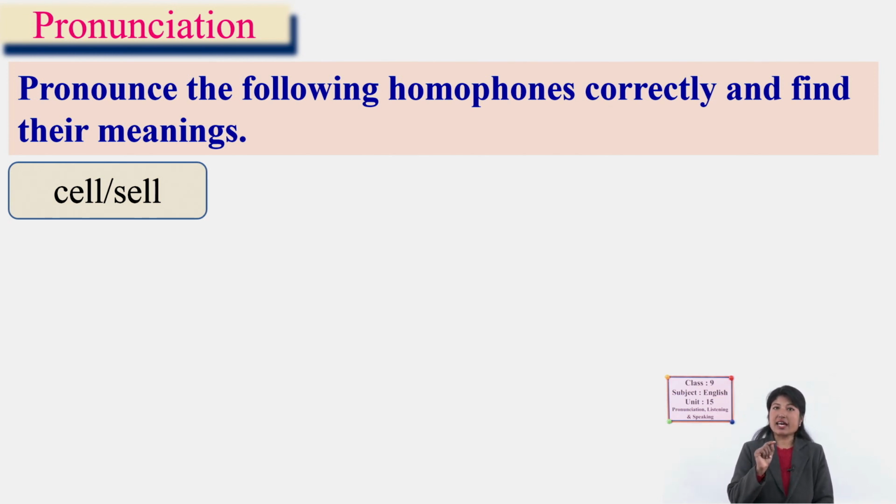The words having different spellings but the same pronunciation are called homophones. So today we are going to pronounce homophones, pairs of words having the same pronunciation but different meanings.